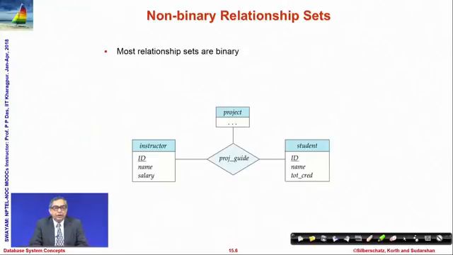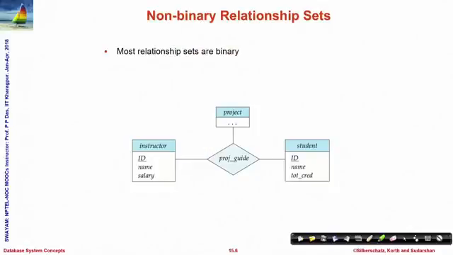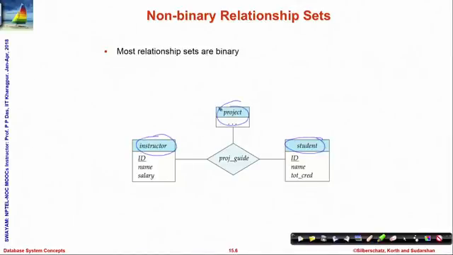Such relationships are naturally called binary, but it is possible that more than two entity sets, let us say 3 entity sets, could be involved in the same relation. We show an example here with 3 entity sets: instructor, student and project.